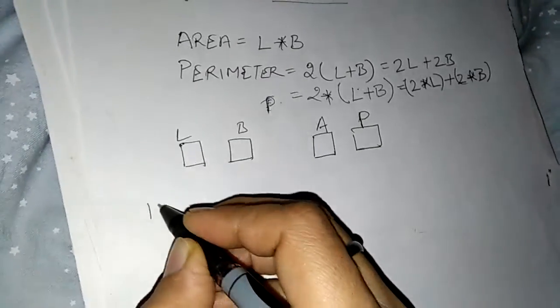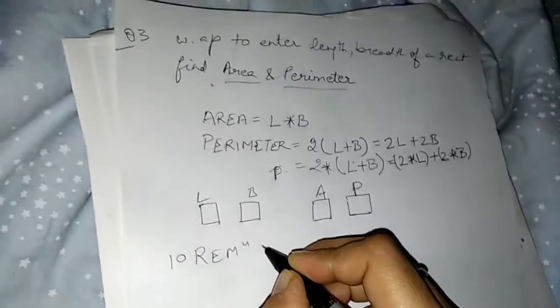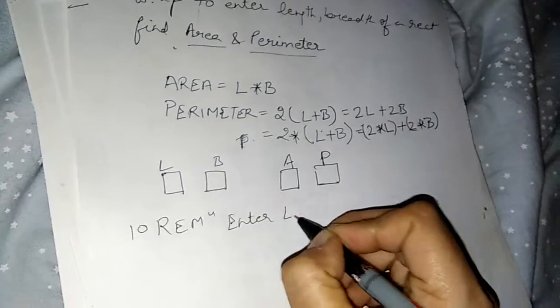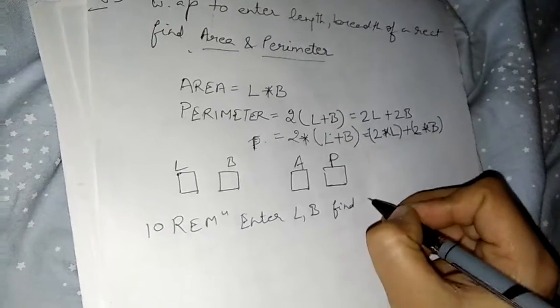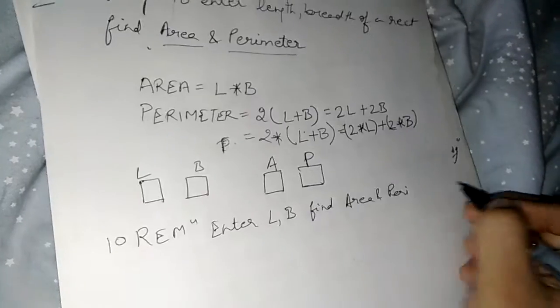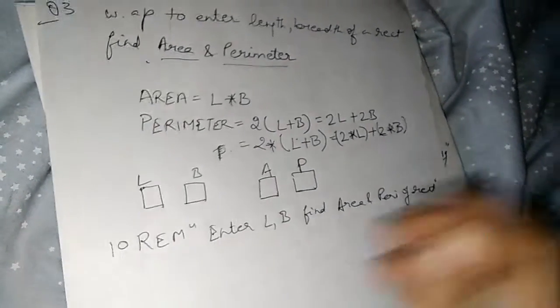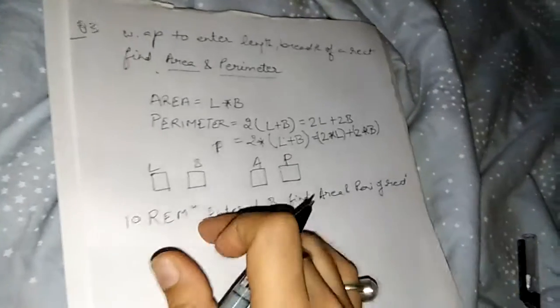Okay, now start writing. First is the rem statement. Now you can easily write: enter L and B, find area and perimeter of rectangle. This depends upon the programmer. He can write it in his code, whatever.